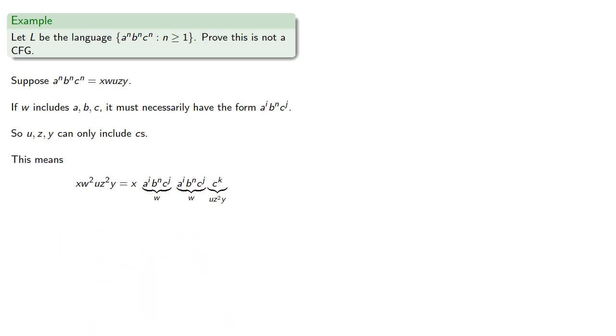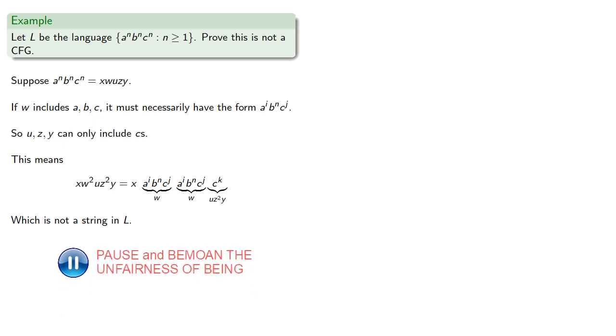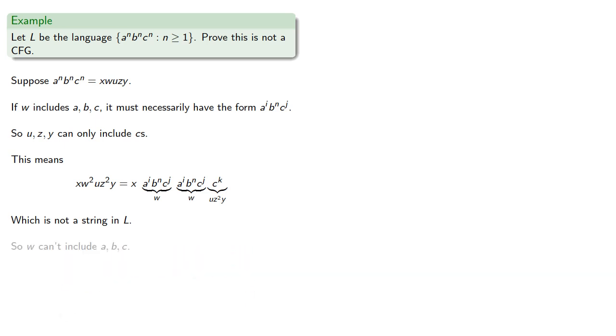But remember, the strings in our language consist of a's, followed by b's, followed by c's, and we don't get this mixing that we see here, so this is not a string in our language. So whatever w is, it can't include a's, b's, and c's.